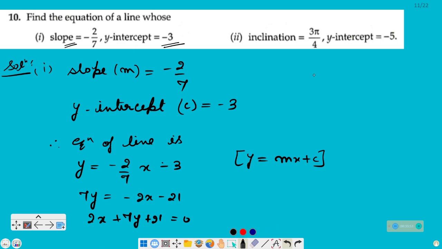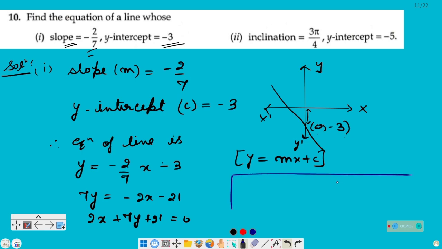And second method of this, y-intercept is -3. It means 0, -3 will be a point on that line. If y-intercept is -3, it means 0, -3 will lie on required line. Now slope and one point is known.